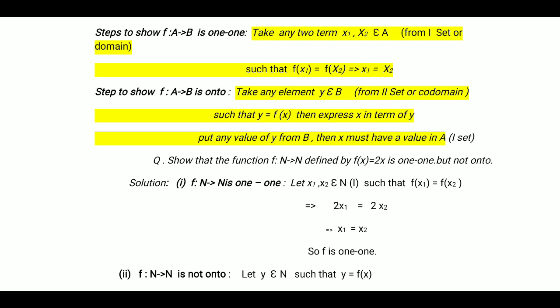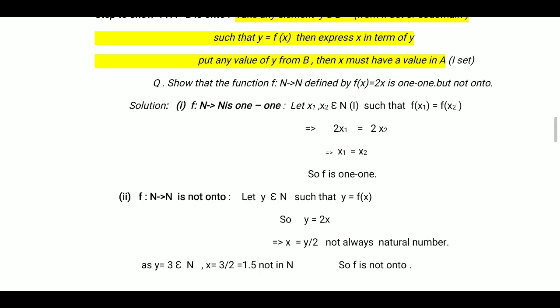Both N are the same, but we are taking the elements from the first set, such that f(x1) is equal to f(x2). Now f(x) is 2x, so f(x1) becomes 2x1, and f(x2) becomes 2x2. It means 2x1 and 2x2 are equal, cancel out 2, we get x1 is equal to x2.